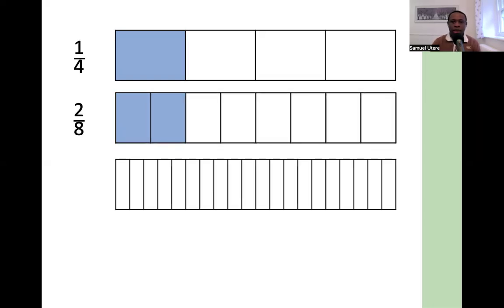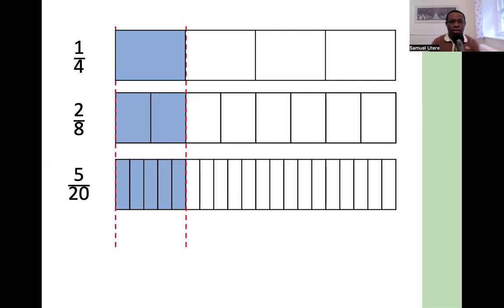Let's do another one. This time, if we have the same bar that has the same width, but we split it into 20 equal parts, and we happen to shade the same width as the width that is shaded above, we can see that we have shaded 5 parts.